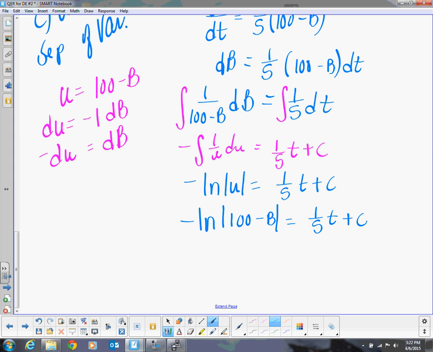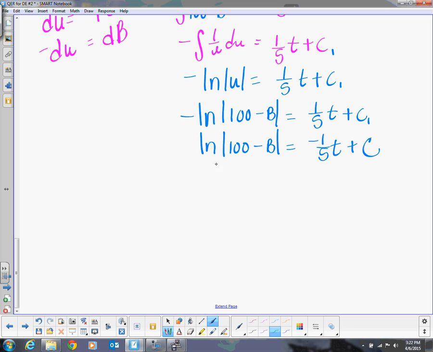Now I'm going to divide by a negative because we cannot do anything with our natural log until it's by itself, which makes it -1/5 t, and I think I'm going to go up here and make this c sub 1, because when I divide by a negative, it makes this negative c sub 1, which is just a new unknown number.